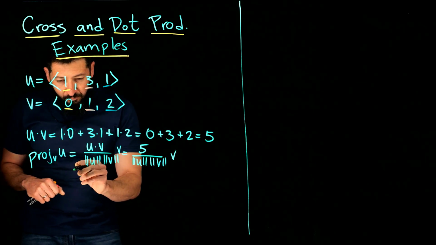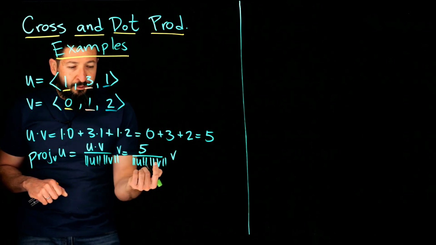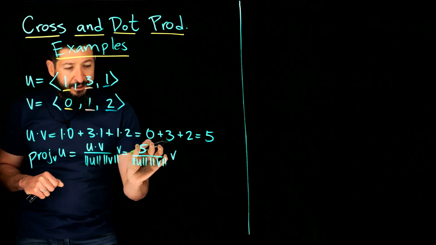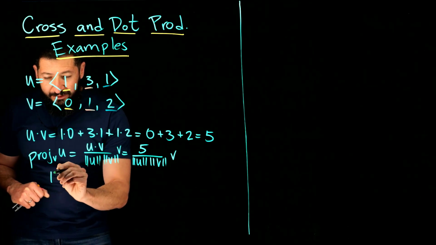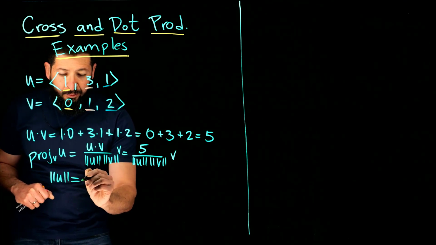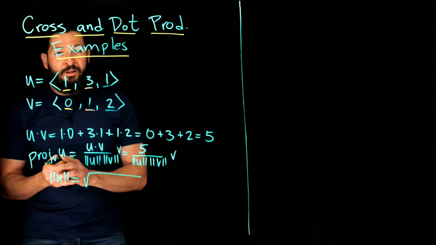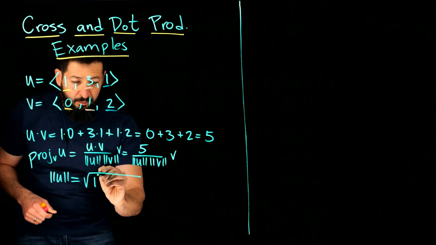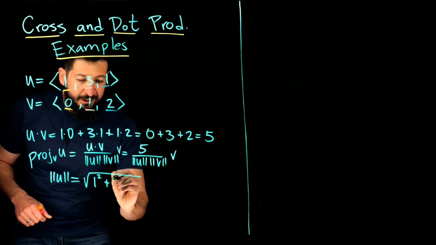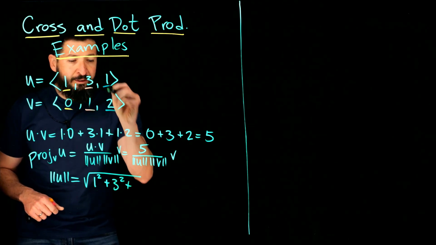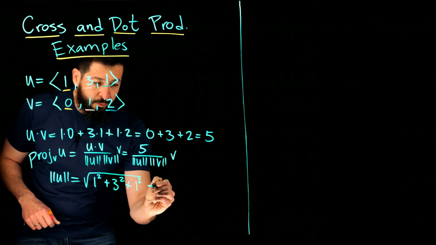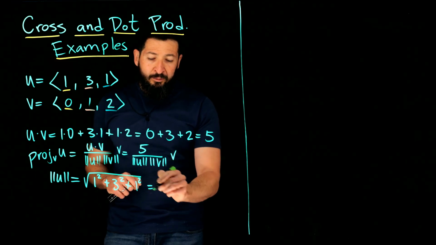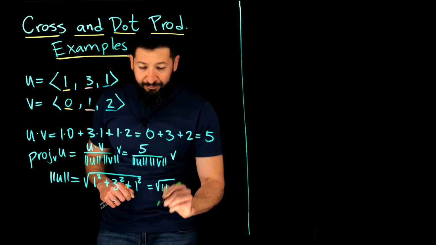All right. And now I'm going to compute the length of u. So the length of u is going to be the square root of the sum of all these entries squared. So the first entry is 1, 1 squared, plus 3 squared, plus 1 squared. So 1 squared is 1, 3 squared is 9, so 1 plus 9, 10, plus 1, square root of 11.